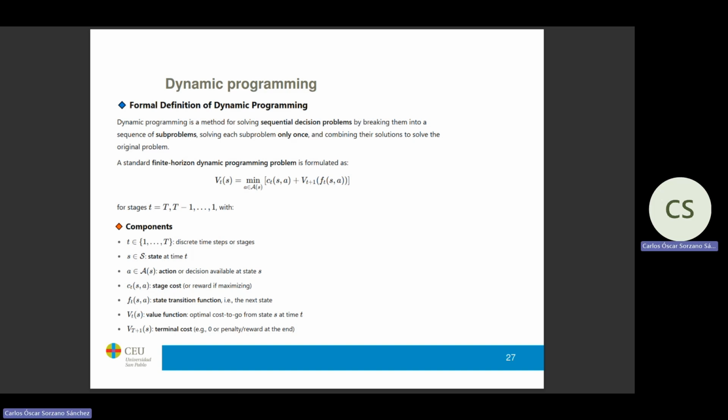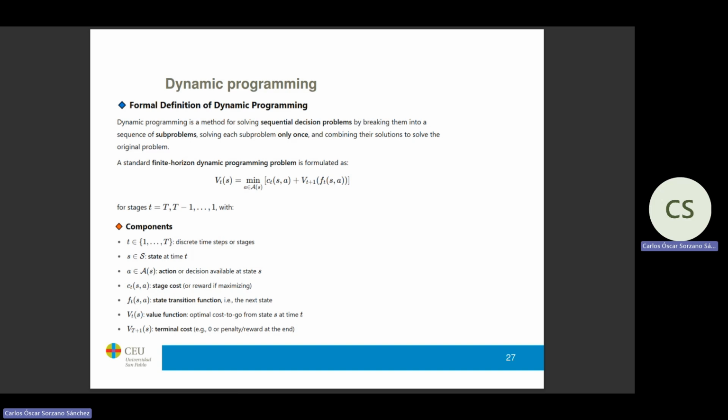And if you have solved it for day 29, then you can solve it for day 28, and then for day 27. So actually, you see that this is a recurrent problem, in which the day today is a function of what will happen tomorrow. And then you go from the end towards the beginning of the period.